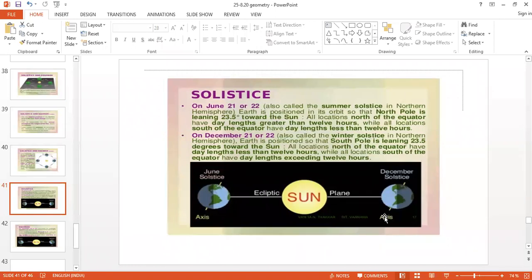So at the June solstice, daytime is larger. In the December solstice, the winter season, night time is larger.